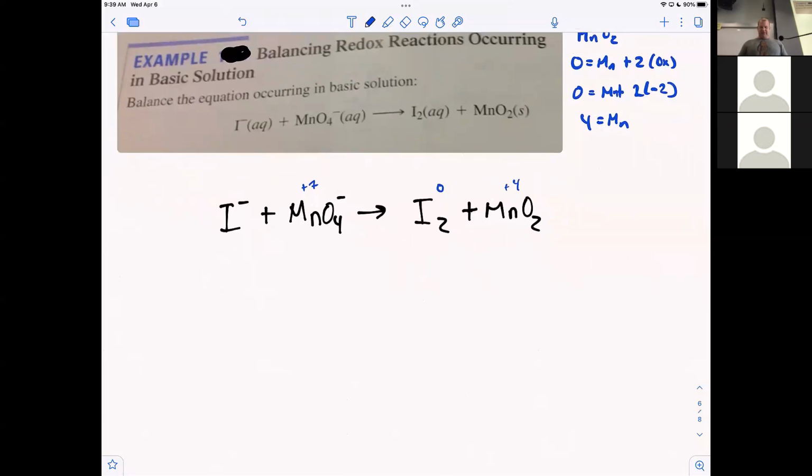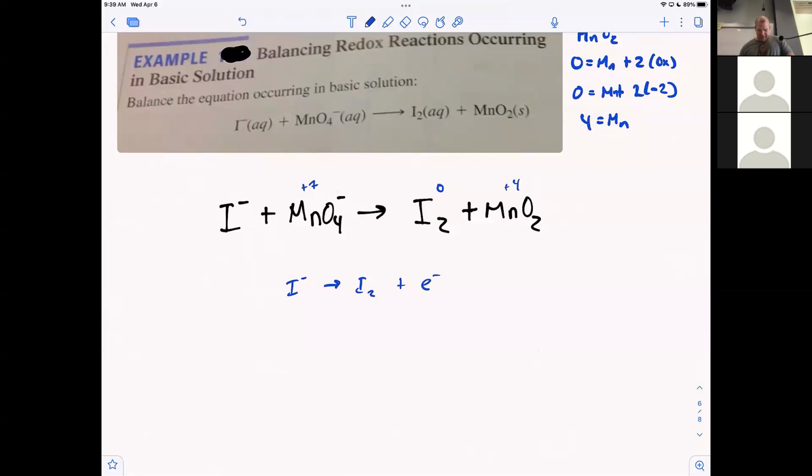The way you do this is the same as you would for an acid, but at the end you neutralize it. So let's go ahead and pretend like this is an acid. Do the half reactions. We have I minus goes to I2, and it's not plus electrons, it's going to generate electrons.